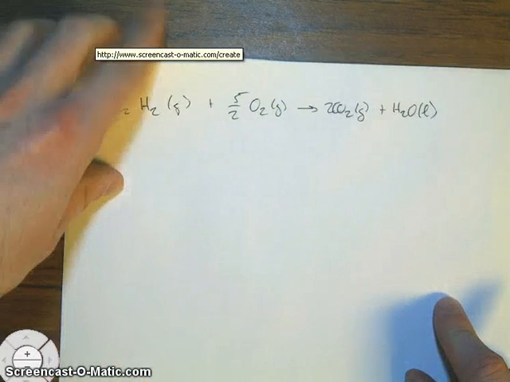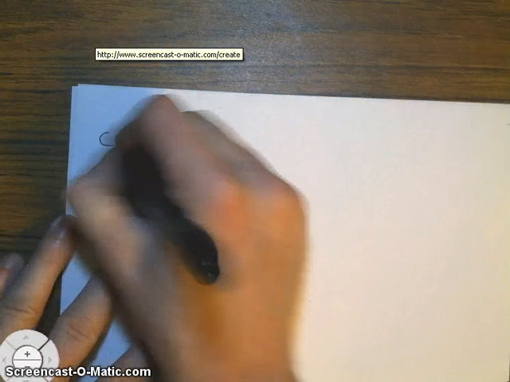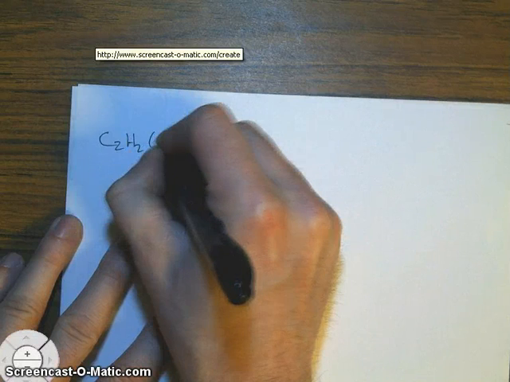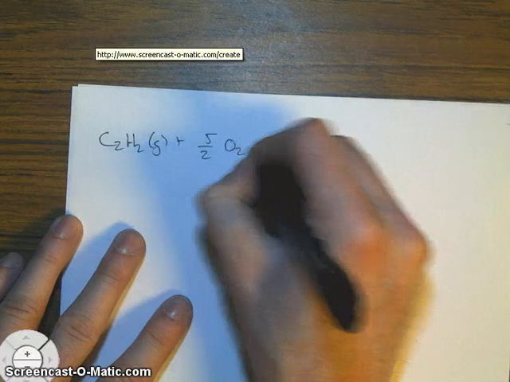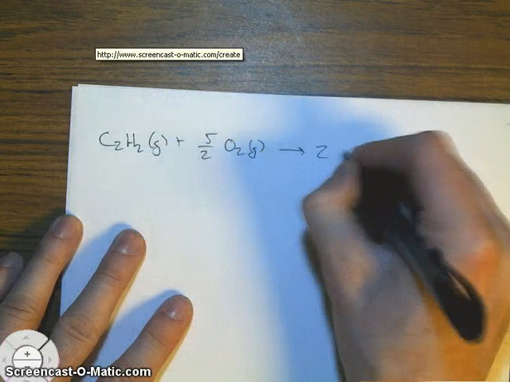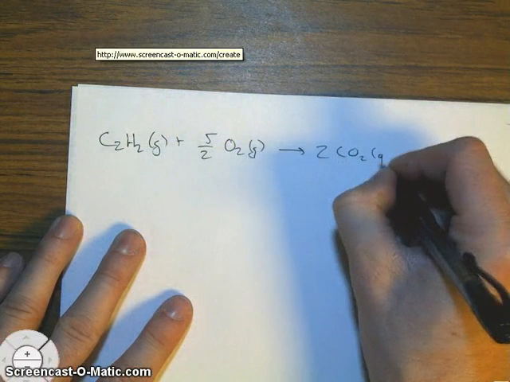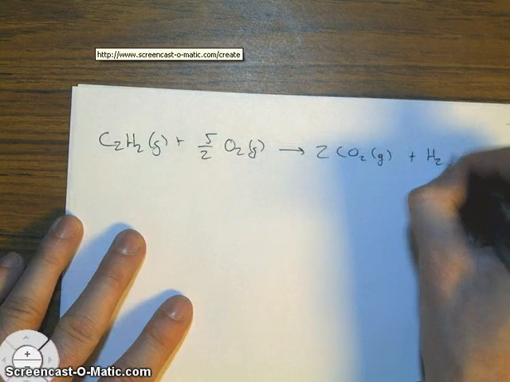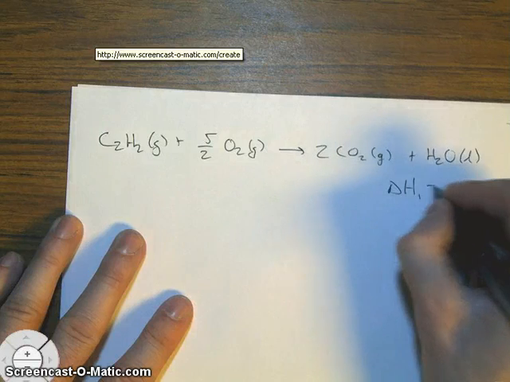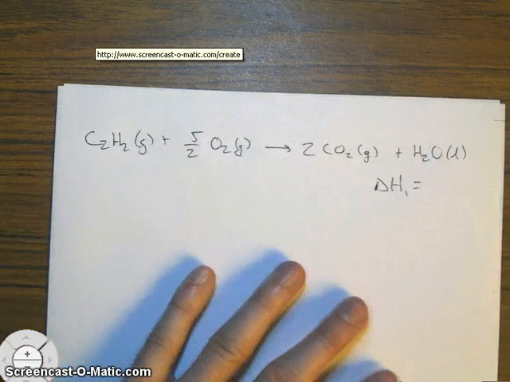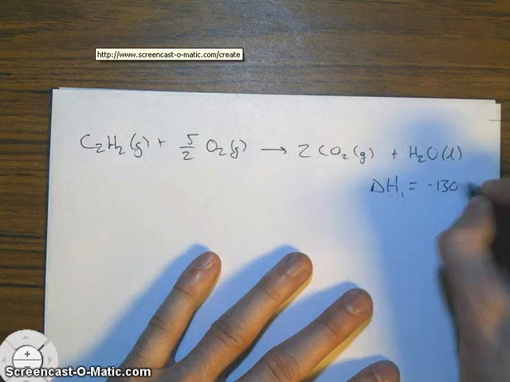I'm actually going to quickly rewrite this again because I felt like I did that a little sloppy. So let me do this again. So it's C2H2 gas plus 5 halves oxygen gas producing 2 carbon dioxides and water vapor. Or no, liquid water. And the delta H for this one, this is going to be my delta H1, is given to us as negative 1300 kilojoules.